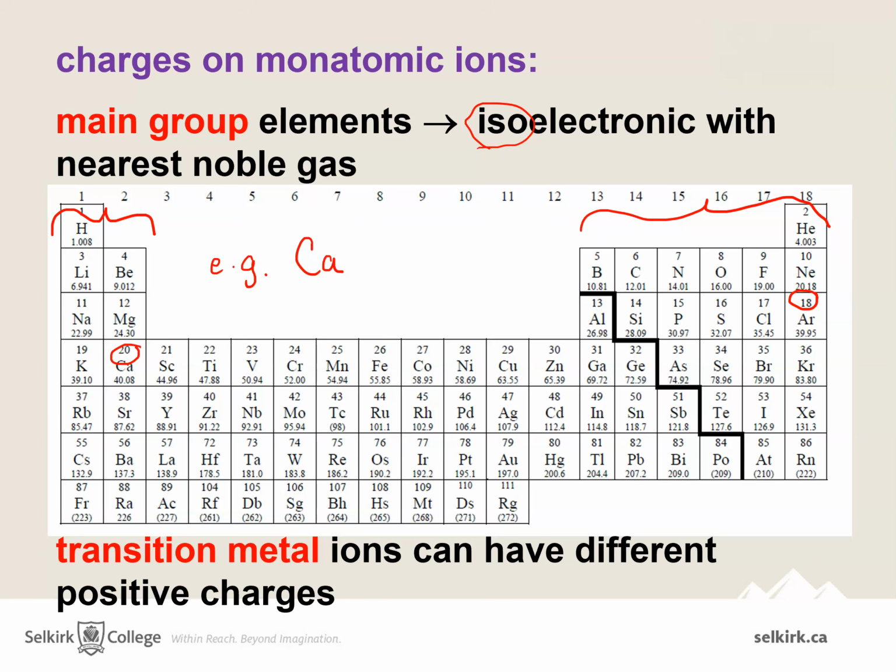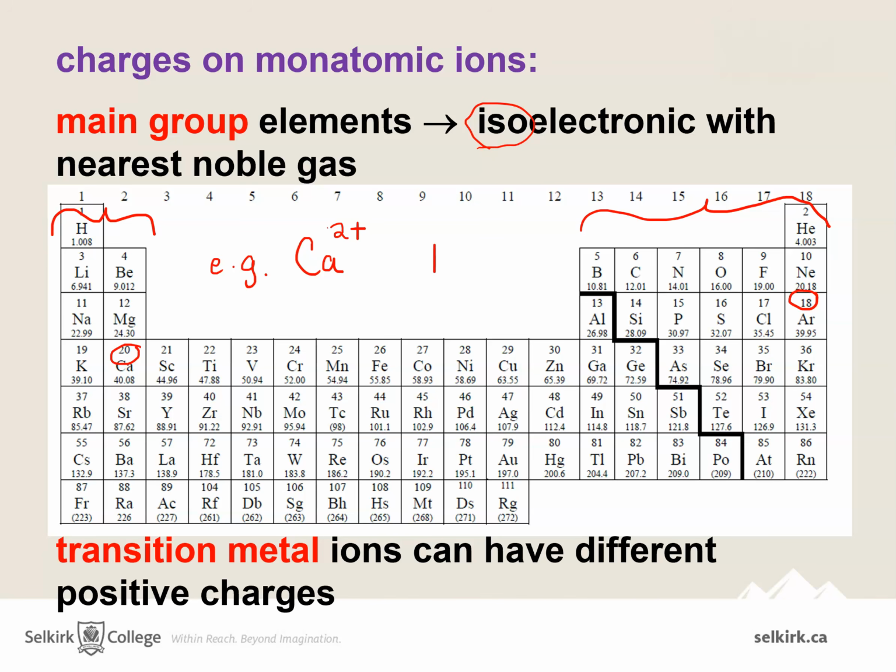Calcium is going to become an ion with the same number of electrons as argon. Calcium is going to end up with 18 electrons in the ion. It started with 20 in the neutral atom. It has to lose 2 electrons to end up with 18 electrons. And remember, we're losing 2 negatively charged electrons, so the calcium becomes 2+.